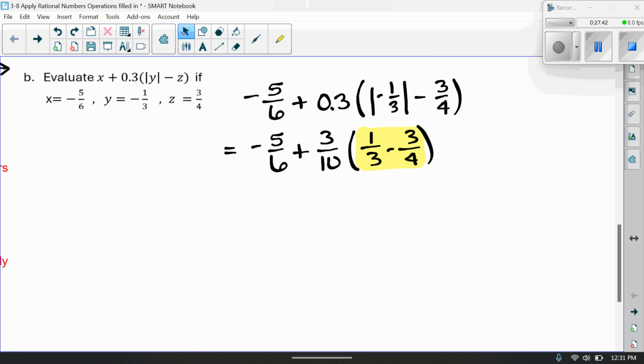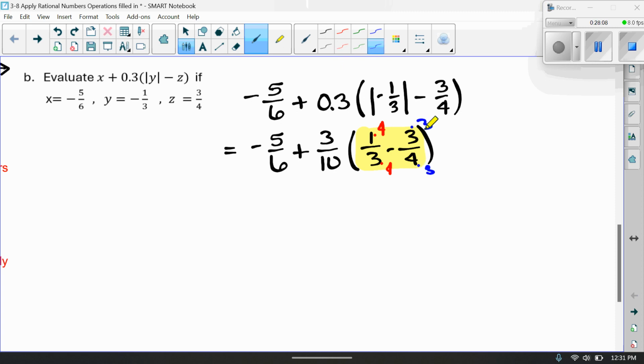Let's just do the 1/3 and the 3/4. The common denominator with 3 and 4 is 12. So here we want to multiply times 4 here and times 4 here. And then we want to multiply times 3 here and times 3 there.